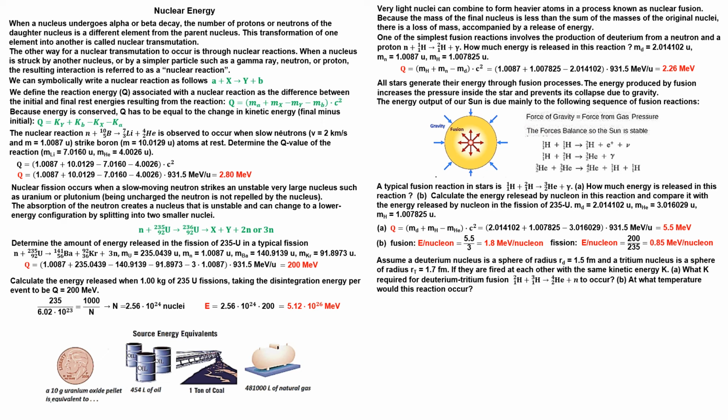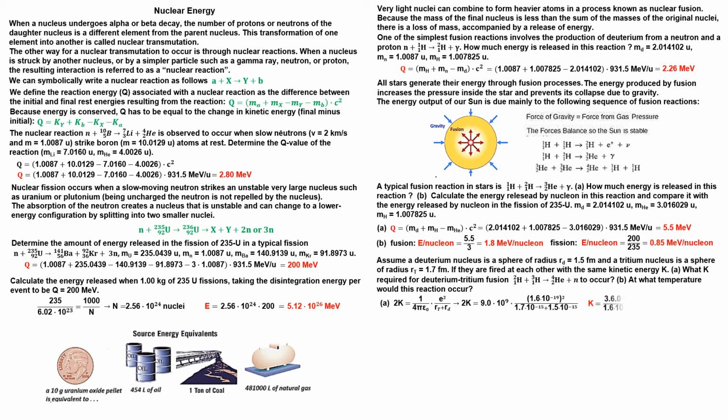The mechanical energy of the system is conserved. So the initial mechanical energy is equal to the final mechanical energy when they stop. The initial energy consists only of the total kinetic energy, 2 times K, of the 2 nuclei.